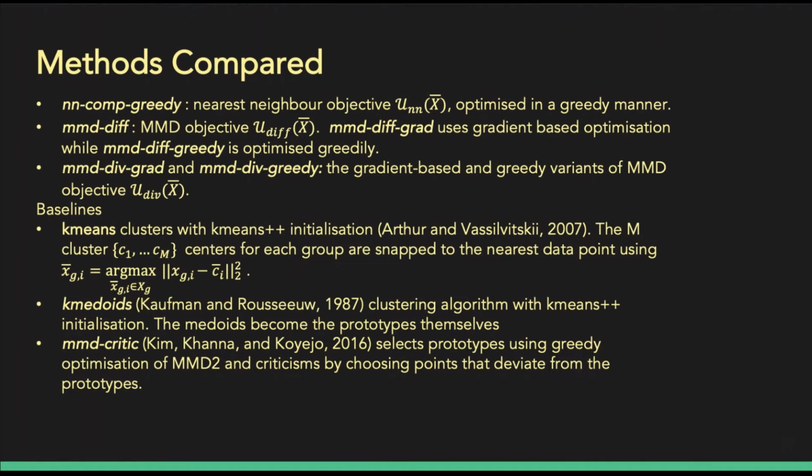So if we think of the USPS digits example, it might be a 0 that really looks like a 6 or a 9. So those are critics. And the way they calculate the prototypes is basically they just take the prototypes calculated by MMD critic as is.